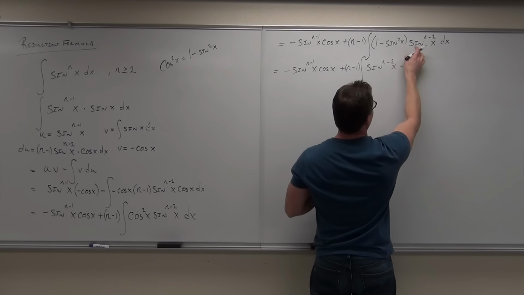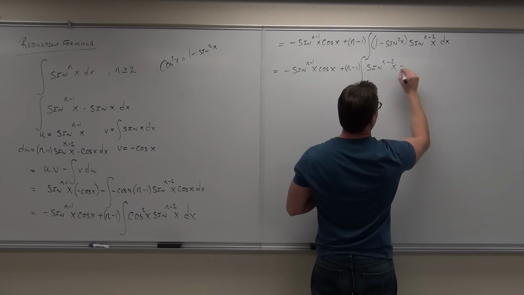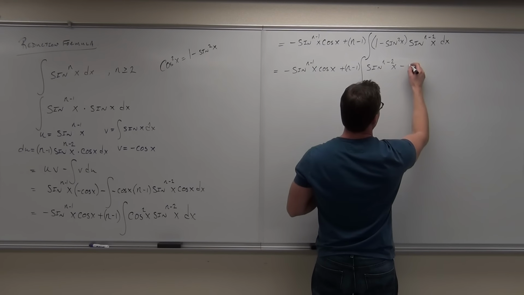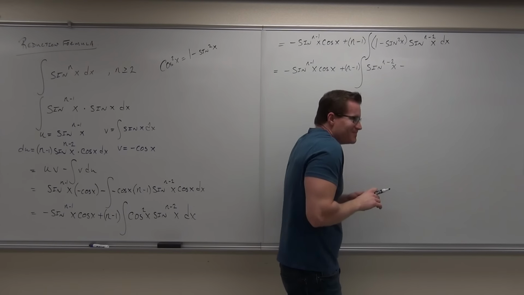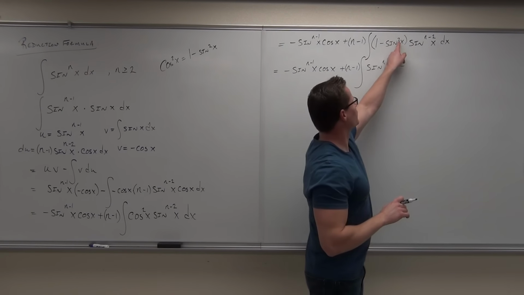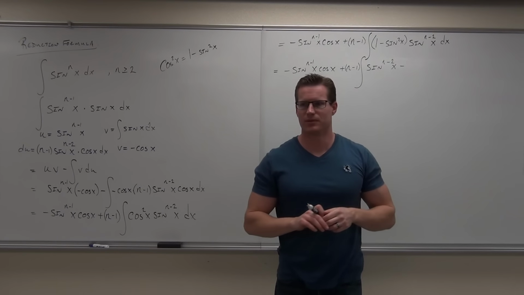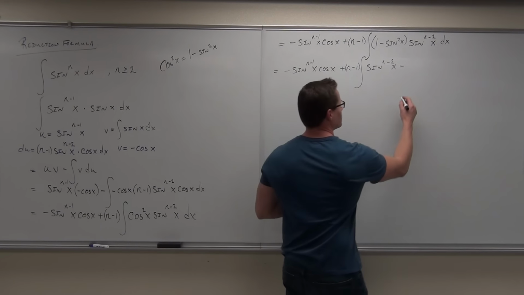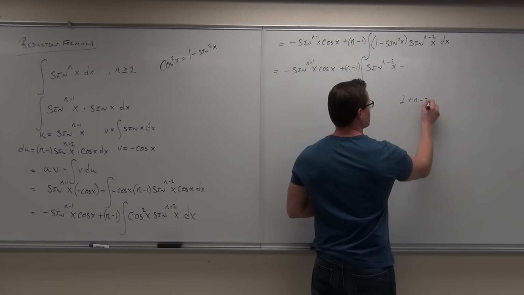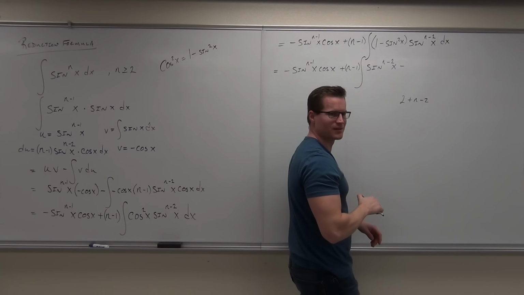What's that going to become when I distribute this? Sine squared x, 2n minus... What do you do when you have exponents being multiplied? Sine to the n. Let's just add them. How much are you going to get?